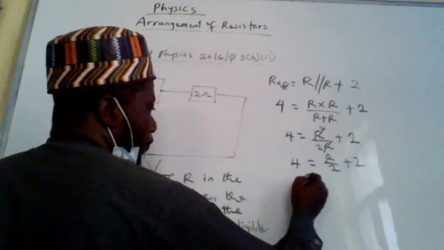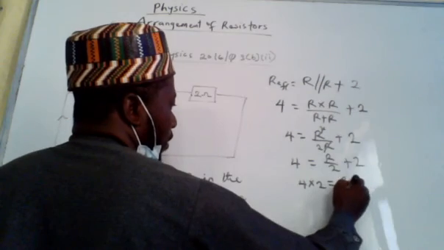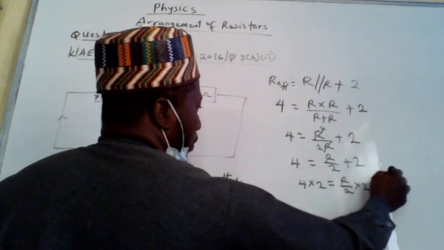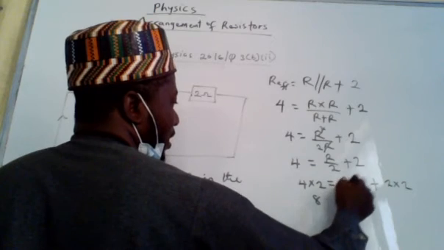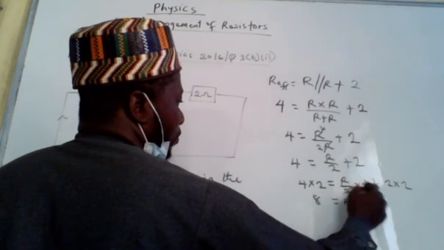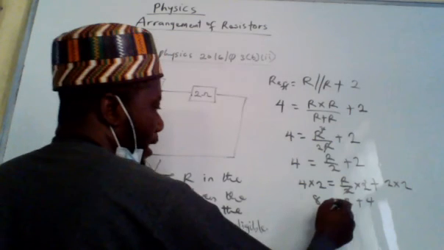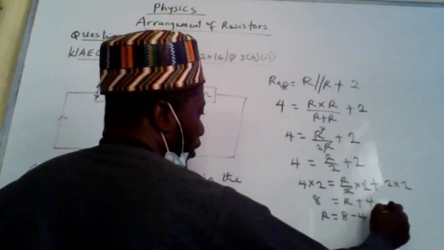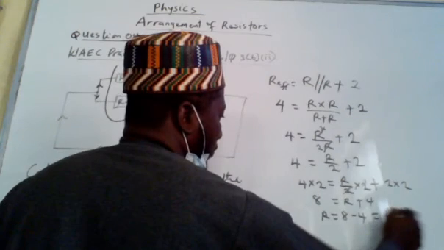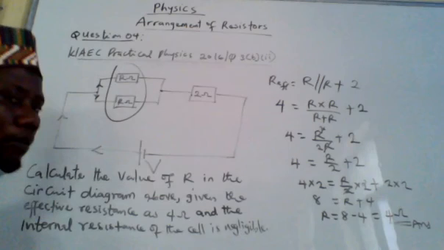That will be 4 times 2 equals R over 2 times 2 plus 2 times 2. So that will give me 8 equals R plus 4. Then R is 8 minus 4, and that will be 4 ohms. It means my R is 4 ohms.